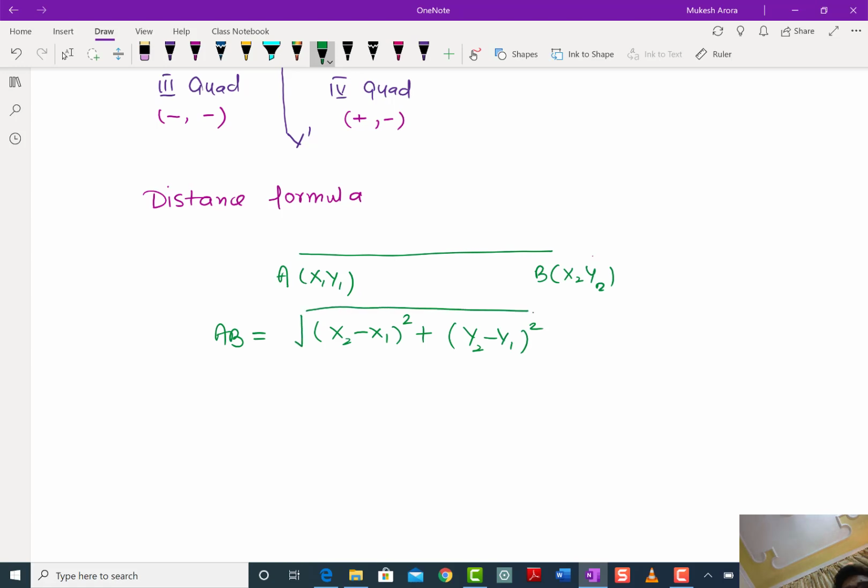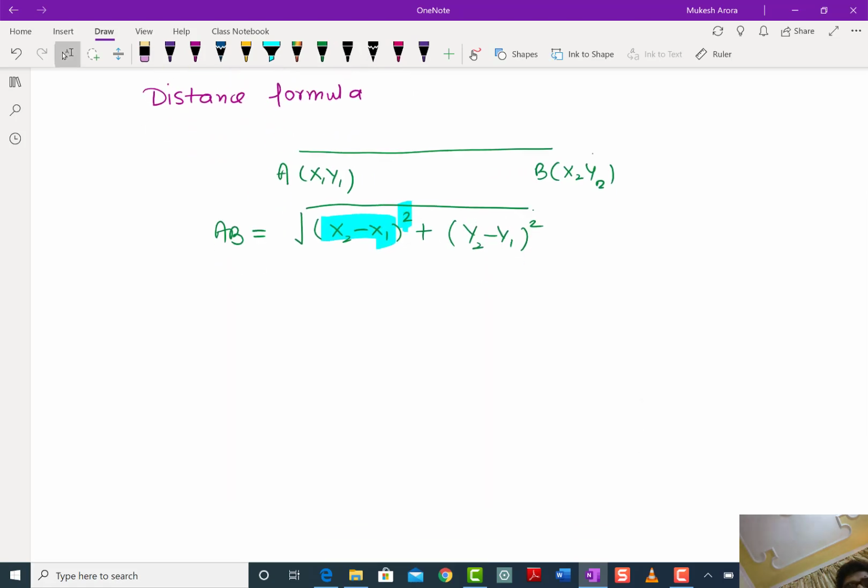You can take any value as x1 or x2, because when you substitute in the formula, that does not make any difference. If you interchange, the answer will be either plus or minus, but when you square it, that will be plus. So whichever you take as x1 y1 or x2 y2, that does not change the solution, right?